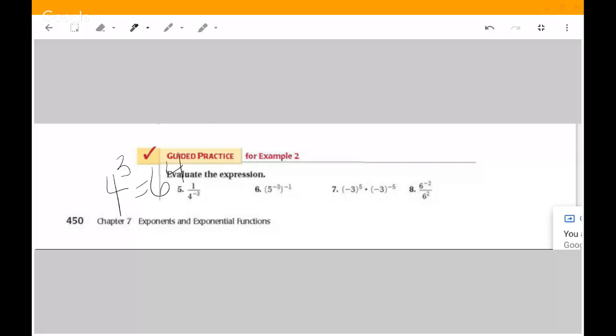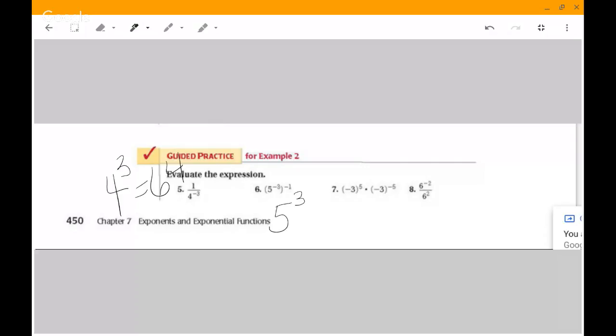Do you multiply? You do multiply. Good job, Lily. You multiply. So you're going to multiply a negative 3 times a negative 1. What does that give you? Positive 3, because a negative times a negative is a positive.